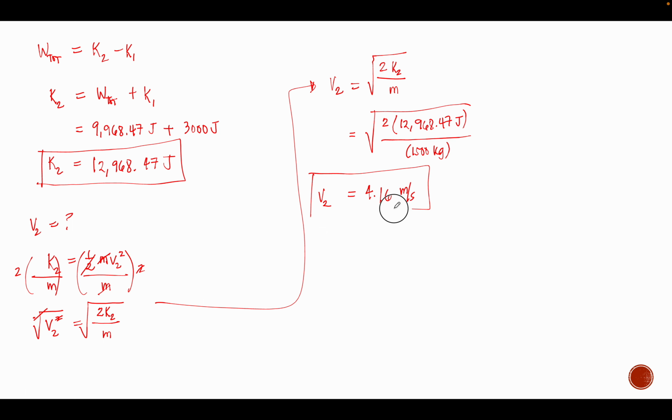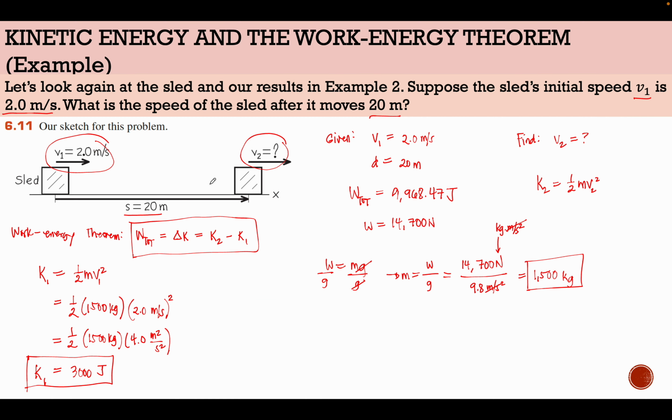So the final speed of the sled after it moves 20 meters, this V sub 2, is equal to 4.16 meters per second.